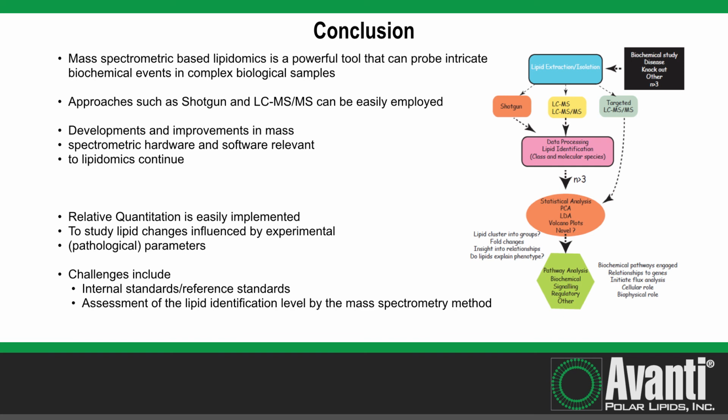So the conclusion of this introductory area is that mass spectrometry-based lipidomics is really a very powerful tool that really can probe biochemical events in complex biological samples, and I've shown you some examples of that. There are several approaches which have been readily employed by a single laboratory, for example, shotgun analysis or chromatography-based, and they're easily implemented, and one can use those to do very intricate lipidomic studies.